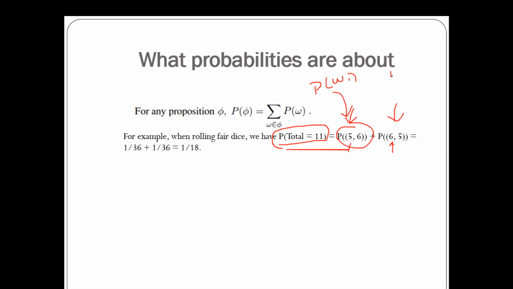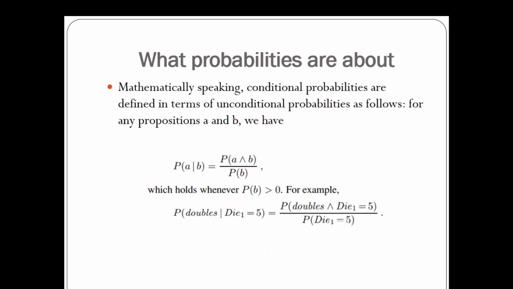Similarly, the probability of having (6, 5) can be treated as omega 2. The sum of these two is the total probability. So when you want to get the total of something, you consider the different combinations of achieving it, and when you add up all of these, you get the total probability of that.